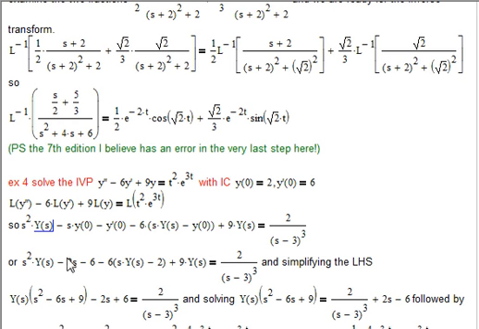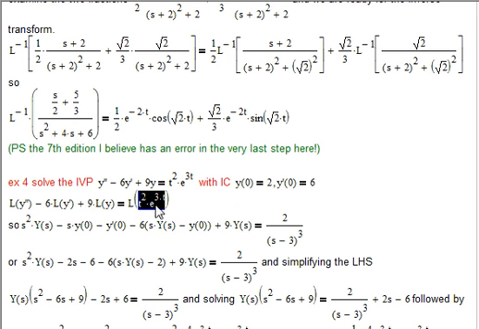Anyway, so with that said, I don't know why my software is acting funny, but so s squared Y of s, that's in the transform of this, s squared Y of s minus s times y of 0, which eventually I'm going to replace with 2, and then minus y prime of 0, I'm eventually going to replace that with 6, minus 6 times the transform of y prime, well, that's s times Y of s minus y of 0, which I'll eventually replace with 2, and then plus 9 times Y of s.